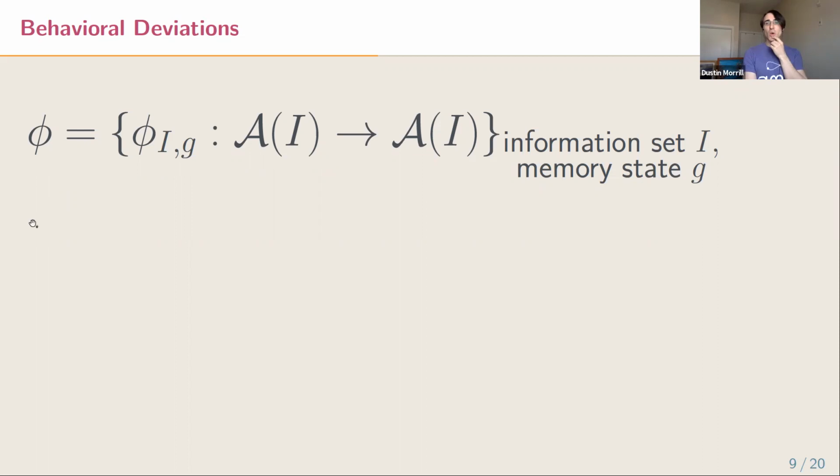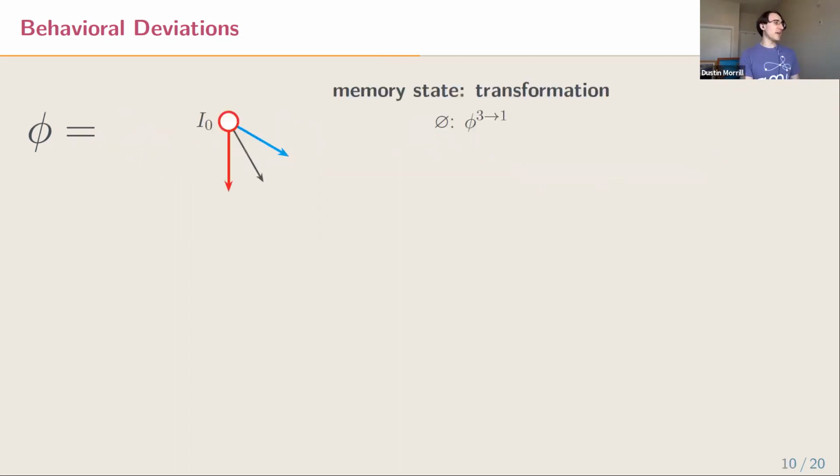All right, so I'm going to show how this looks in an example. So here we're going to build up a behavioral deviation phi by looking at what choices we could make at information sets going through the game. So at the beginning of the game, at this information set I0, there's only one memory state because the deviation player hasn't seen anything yet.